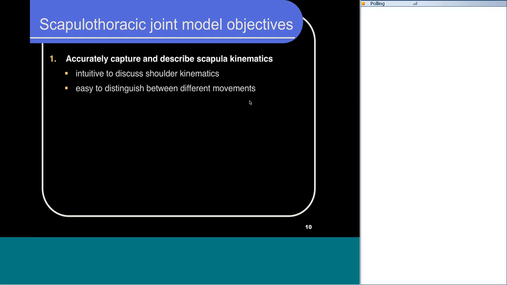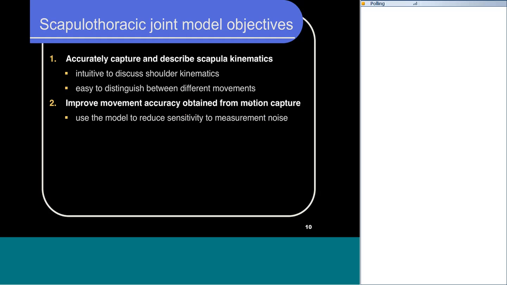So specifically, our objectives are to accurately capture and describe scapular kinematics in a way that's intuitive to discuss and compare, and easy to distinguish between different movements that an individual is performing. We also want to be able to improve the accuracy obtained from motion capture. I mean, the skin and soft tissue is a huge consideration, and can we use models to reduce that sensitivity to skin and measurement noise?